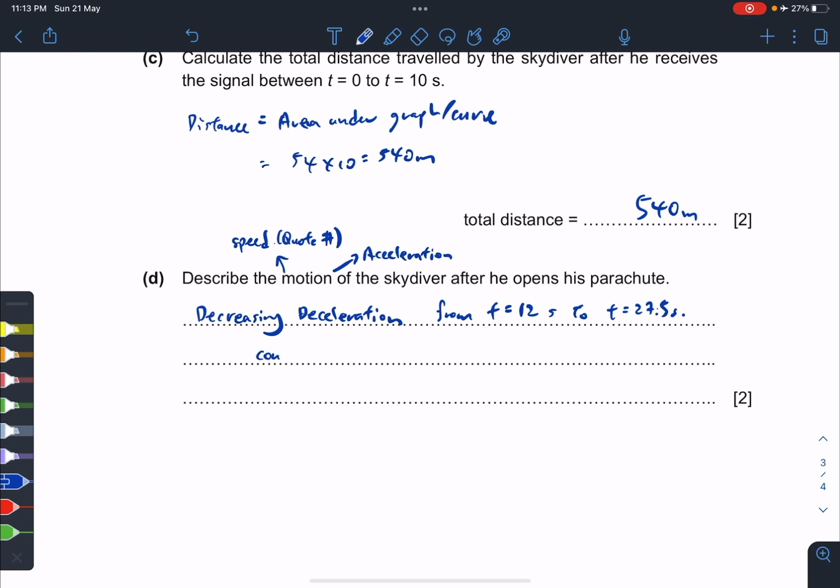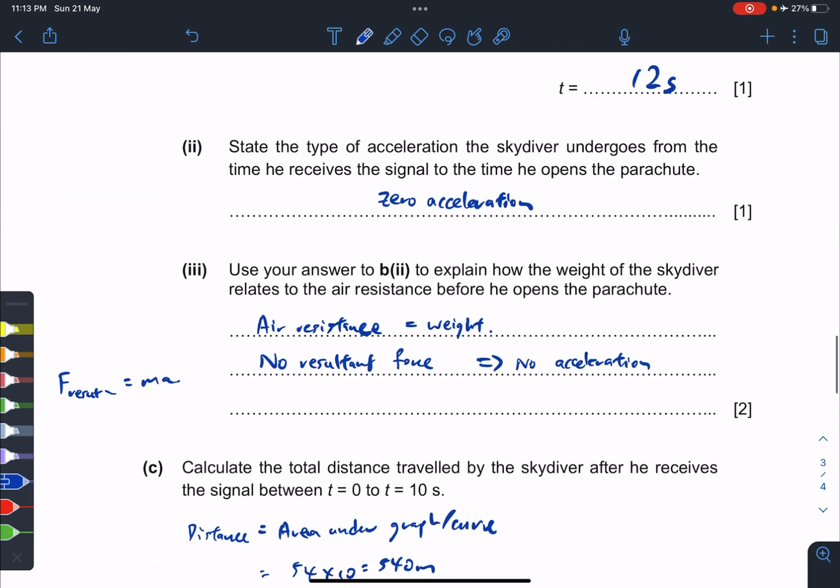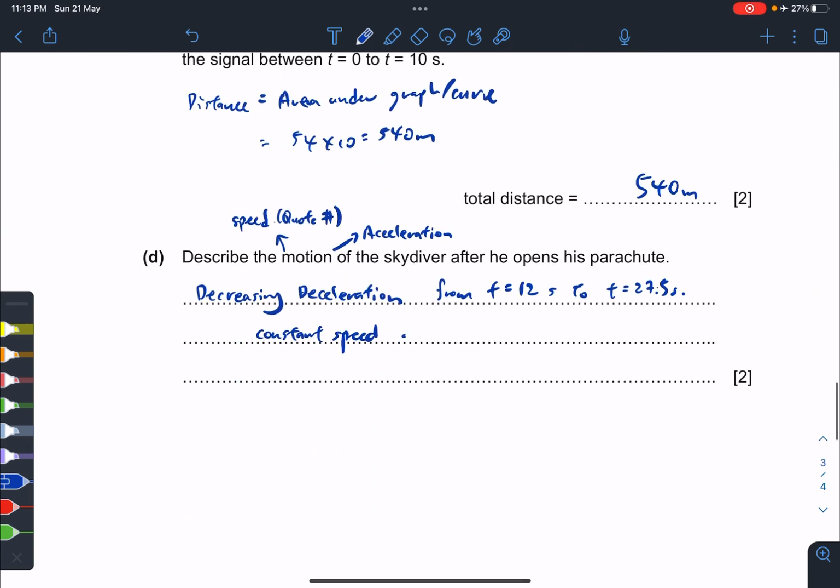Speed wise, yes, it travels at a constant speed from 27.5 seconds. Constant speed of 8 meters per second, from 27.5 seconds to 30 seconds. Yep.